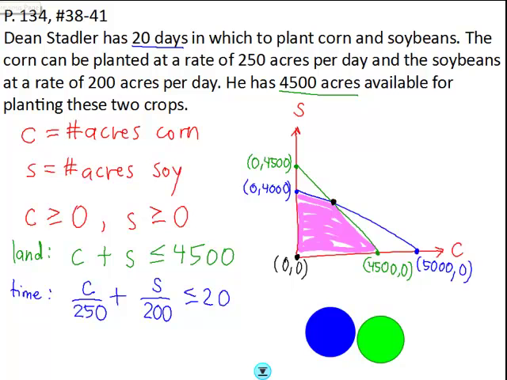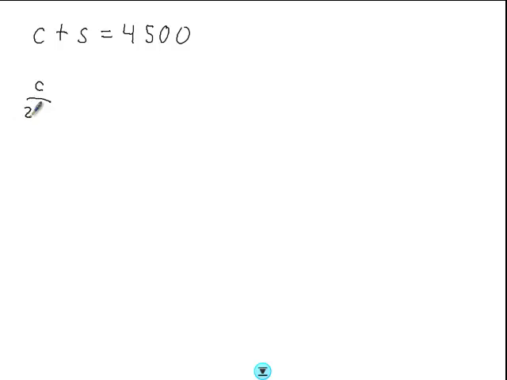So I have C plus S equals 4,500. And then I also have C over 250 plus S over 200 is equal to 20, the number of days. I'm going to use substitution or elimination, but first I want to get rid of these denominators. They're quite gross. What I need is a number that they both go into, so I can multiply by that.